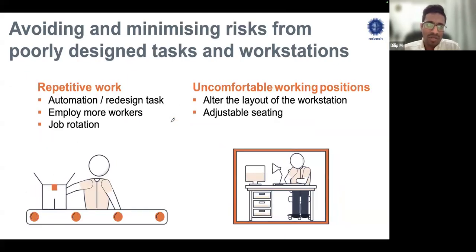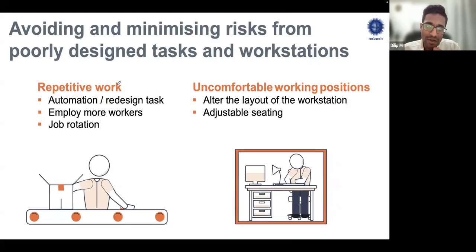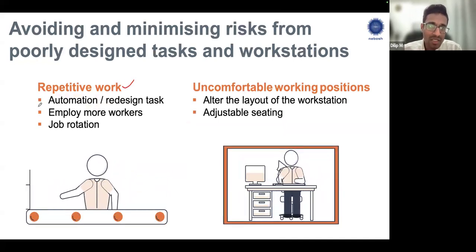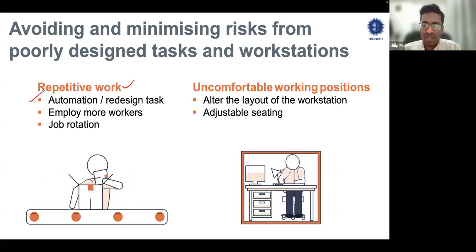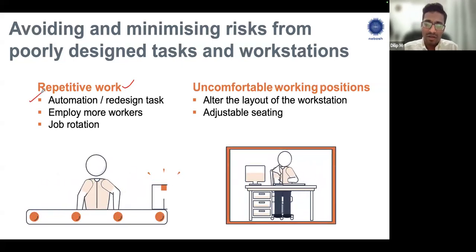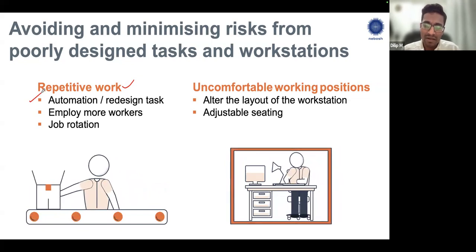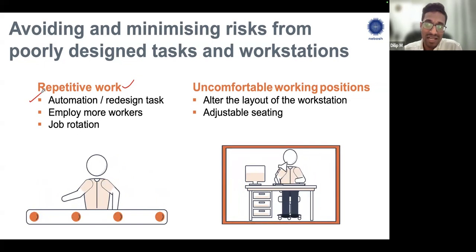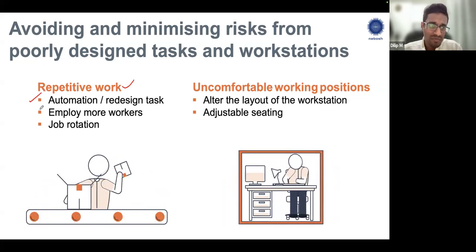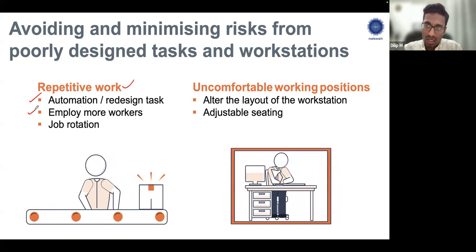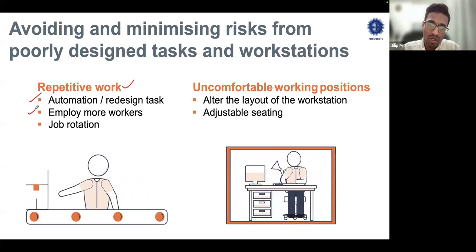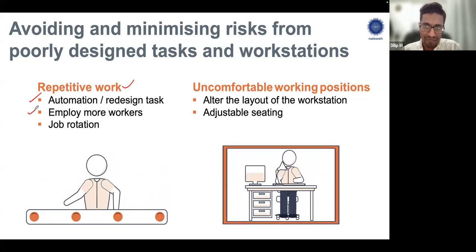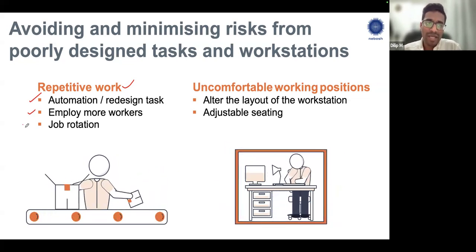In terms of control measures, where repetitive work is a contributing factor in your task, the control is automation. Through automation, you can completely eliminate the worker carrying out tasks that are very repetitive, or employ more workers, which minimizes the repetition of the task, or use job rotation.